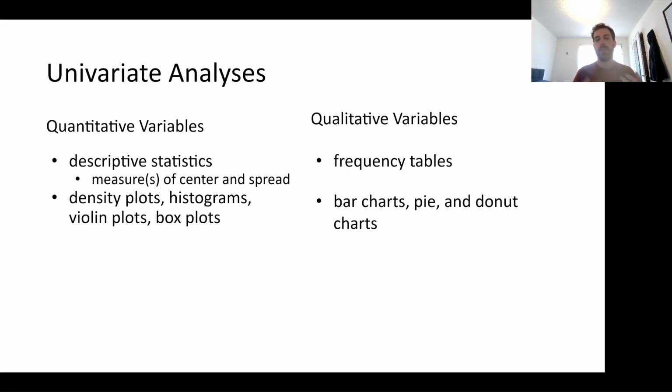And then to visualize a frequency table, you have a few different choices. I think the 3 most popular ones are bar charts, pie charts, and donut charts. And again, none of these are perfect. It's somewhat subjective what you use, and different people have issues with each of them. And we'll talk in more detail about what the pros and cons might be.